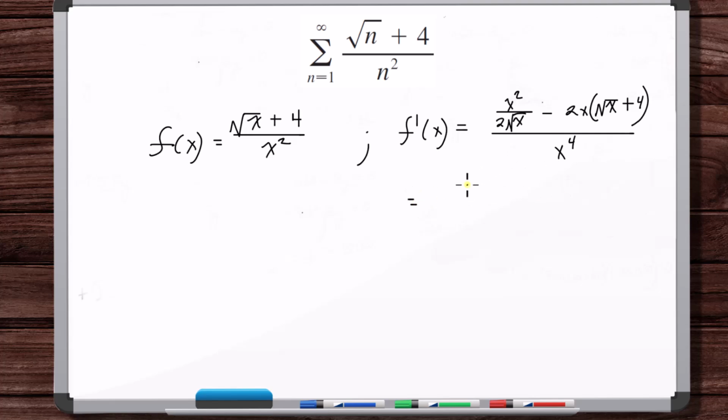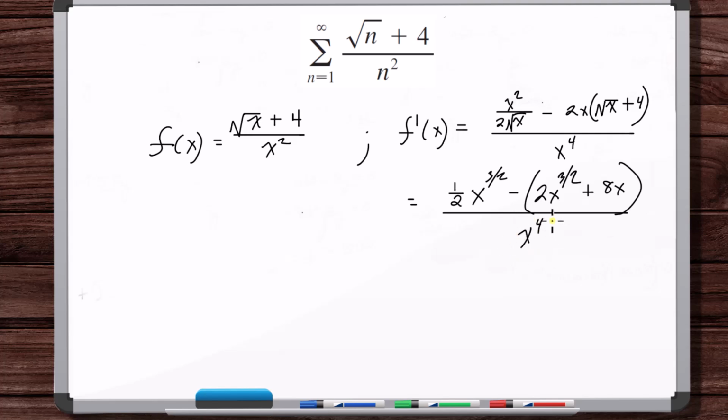So x squared over x to the 1/2, which is 4 over 2 minus 1 over 2, x to the 3/2 minus 2 times x to the first, 2x times root x, that's 2x to the 3/2, we'll do this, plus 8x.